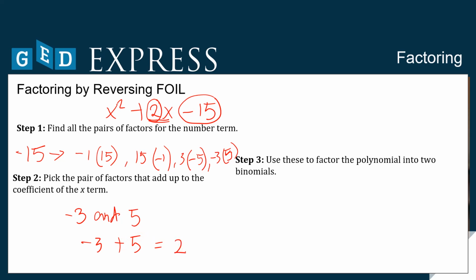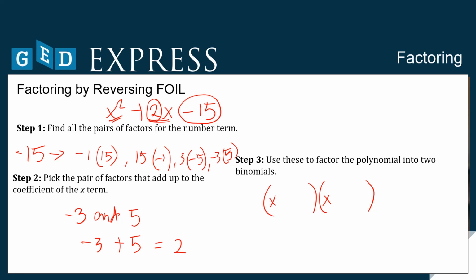Step 3: use this to factor the polynomial into two binomials. So we need to prepare two sets of parentheses. Okay, then x squared, the first term, let's write it here: x times x is x squared.